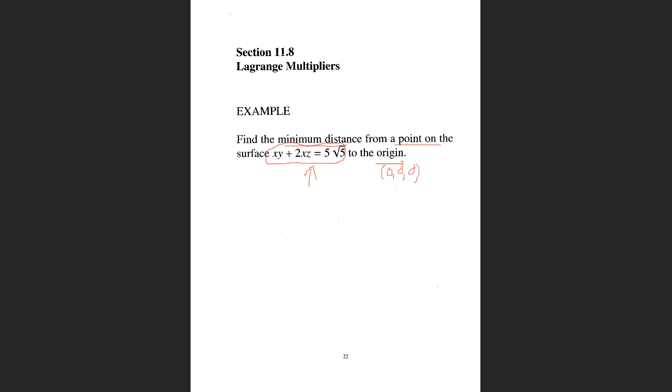Okay, so that being said, we proceed just like the first problem. What I do is I draw a little picture, just in my mind, of a nonlinear surface. The origin is, of course, not on this nonlinear surface.